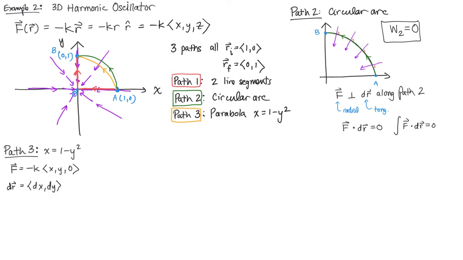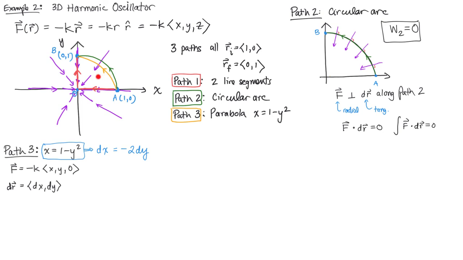Well, for that, we're going to make use of the specific path that we take, right? So out of that expression, we can relate dx and dy. If we take a derivative of this, we find that a step in dx is related to a step in dy in the following way: dx equals minus 2y dy. So if we step in the x direction, we have to step twice as far in the y direction.